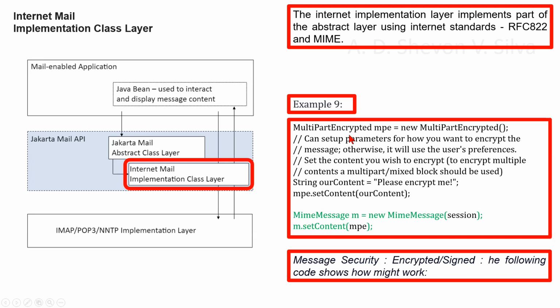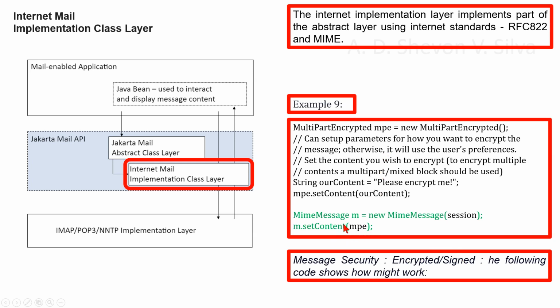The class can be created and used as content for a message. The following code shows how it might work. The message will be encrypted when the message is sent.